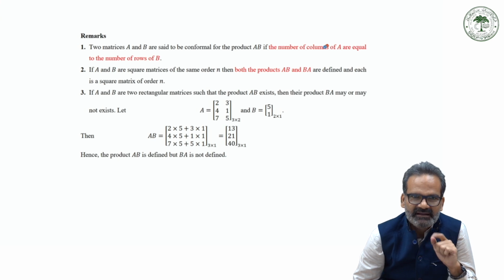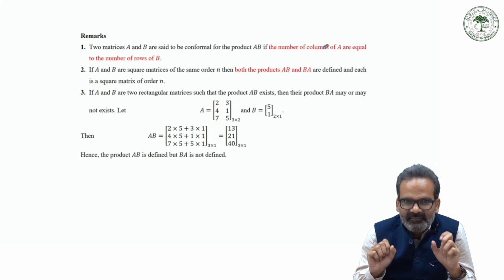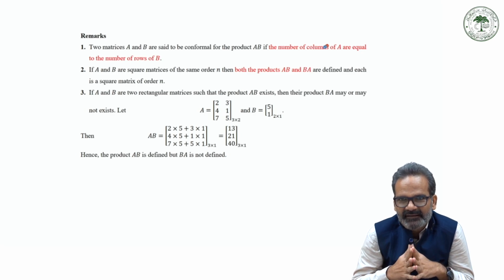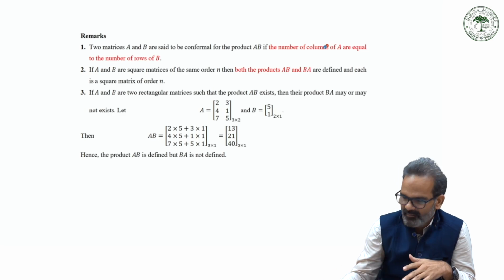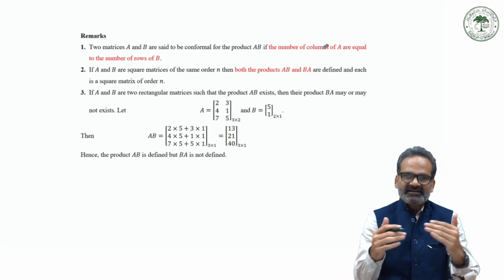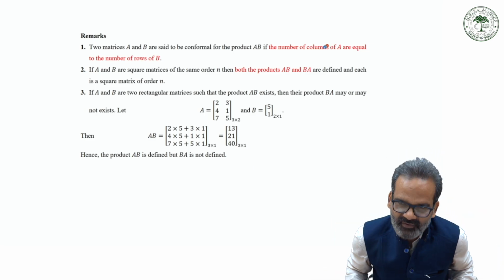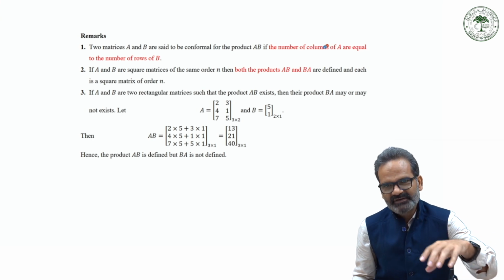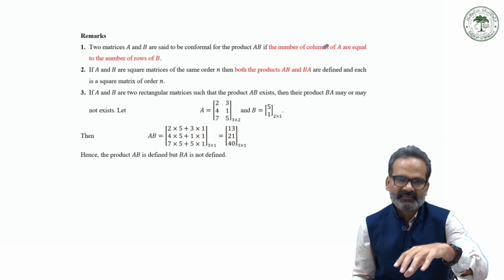Remark 2 says, if A and B are square matrices, look very carefully, A and B are square matrices of the same order n, then both the products AB and BA are defined and each is a square matrix of order n, right? The condition for multiplication of two matrices is what? Columns of the first matrix should be equal to rows of the second matrix.